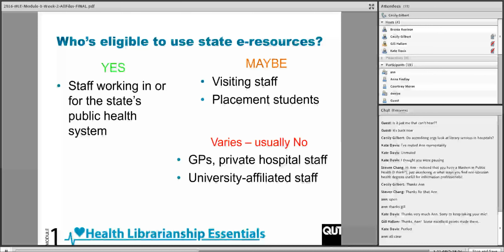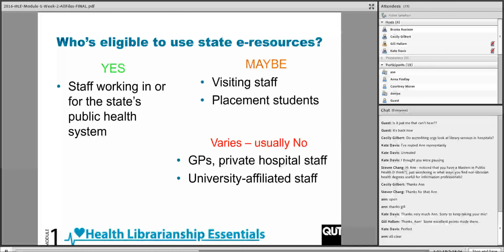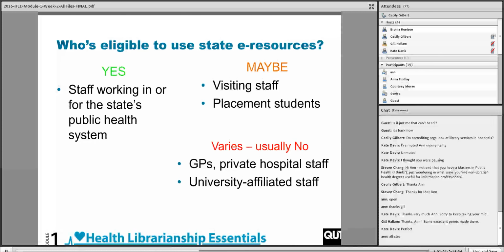So then the question is, who's eligible to make use of this spending and get access to the resources? It's a clear yes for staff who are working in the public health system of their respective states. They're the people who are employed by the state health system or who work in the facilities of the state health system.